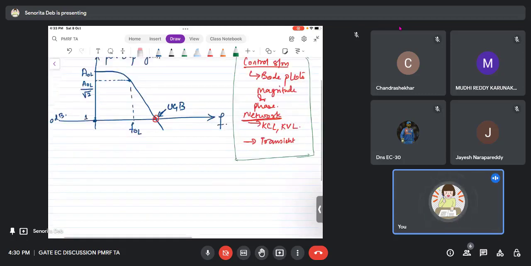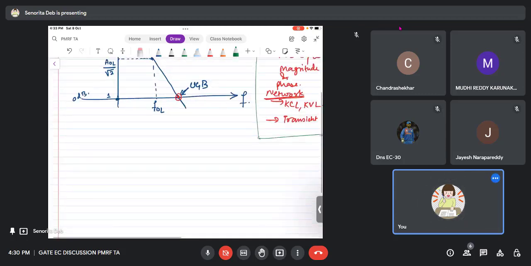The gain at other frequencies is calculated with this formula. I'm not going into the derivation. F by FOL whole square, you will see that it matches the one that low pass filters normally have.